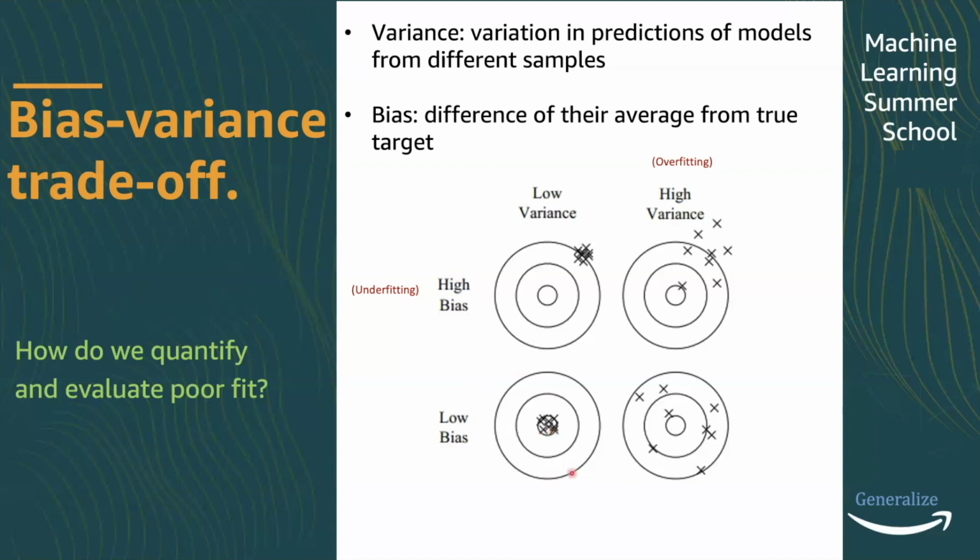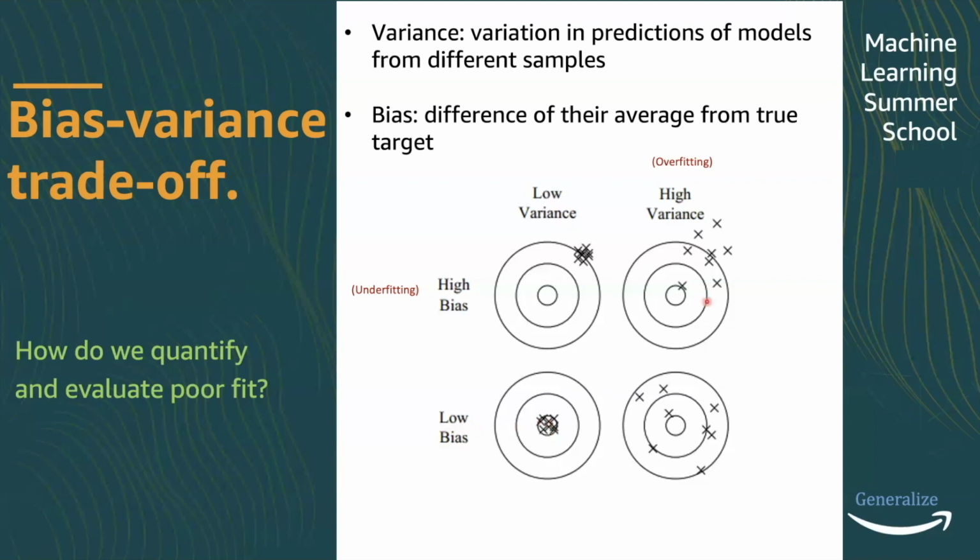What you see at the left bottom is the best case scenario. Each of your estimates is very close to the truth, and all your estimates are tightly clustered together. That's really the best that can happen. So you have what is called low variance, which is the spread in your estimates, and low bias, which is how far you are from the truth.